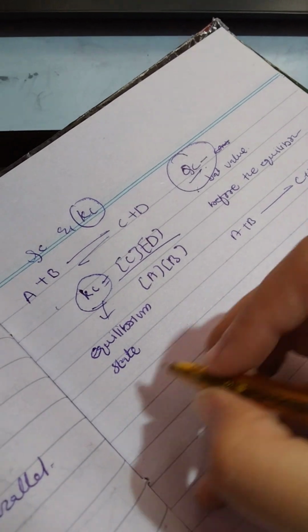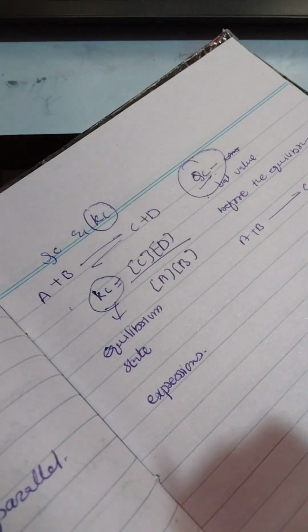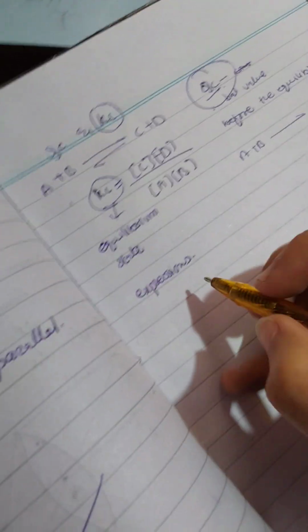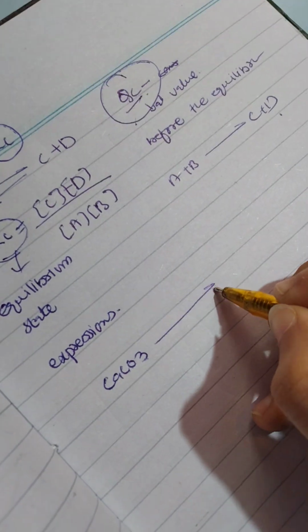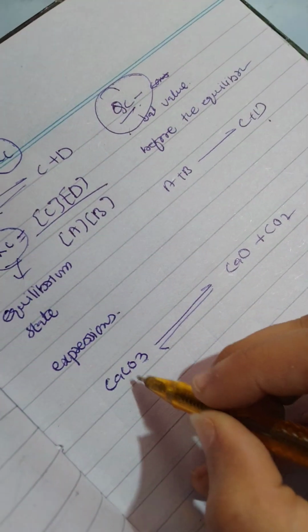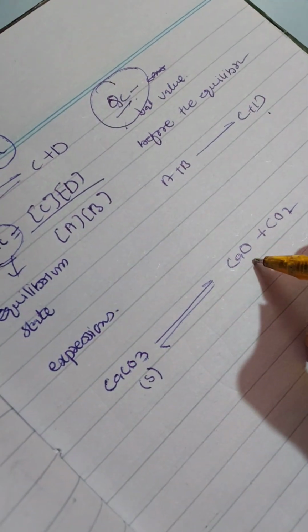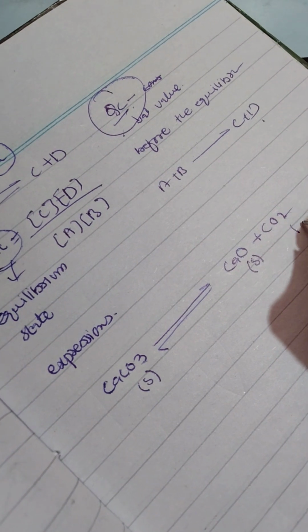So let's write the expressions for that. For example, I have a reaction which is calcium carbonate going to calcium oxide plus carbon dioxide. Calcium carbonate is solid, calcium oxide is also solid, and carbon dioxide is a gas.